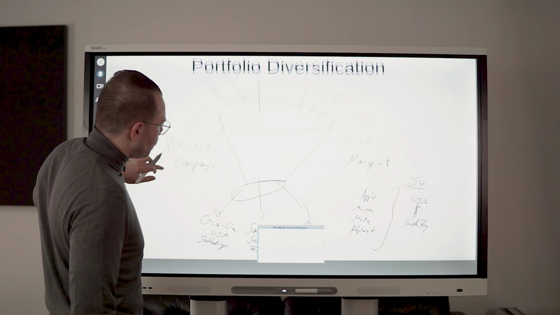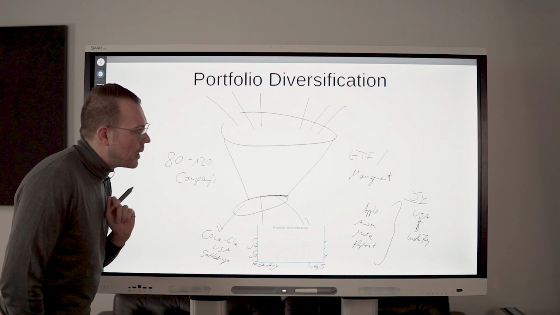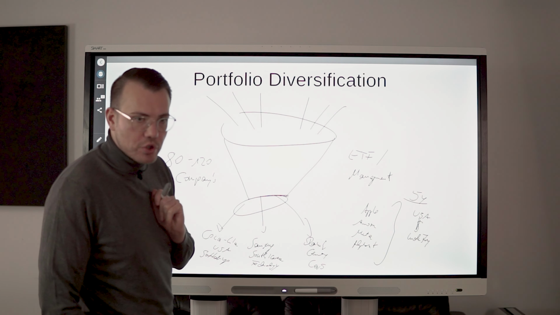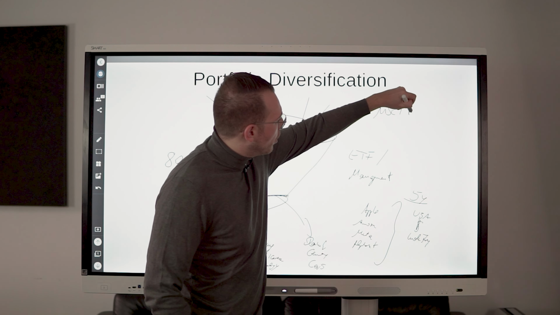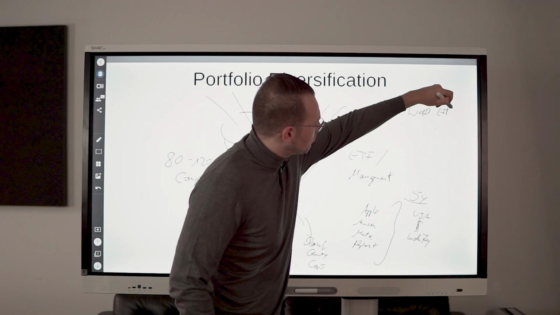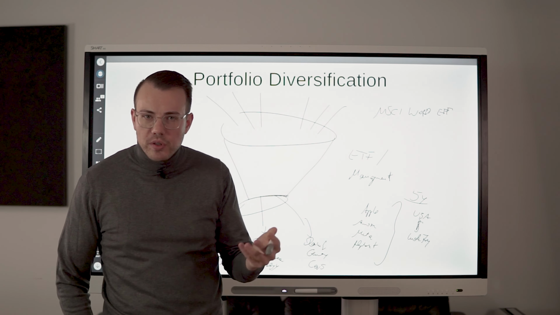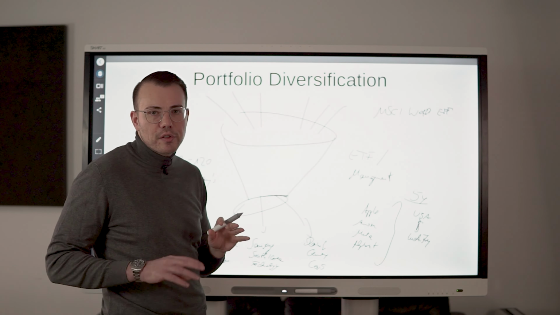So let's say you would like to invest long term and you would like to create a portfolio, and then you choose the MSCI World ETF. Because you should invest globally, so MSCI World is an ETF from BlackRock, which invests globally.